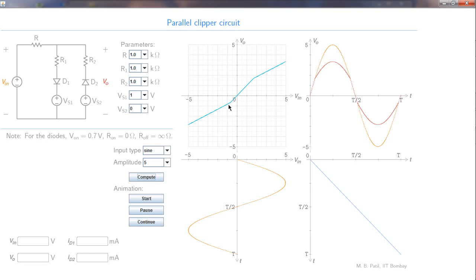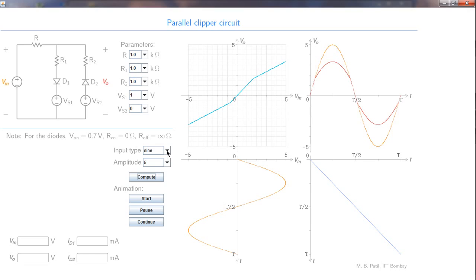Between these two breakpoints, we have a straight line with a slope equal to 1 and passing through the origin as we would expect. Where is this breakpoint? This is 1 volts, this is 2 volts, and this is 1.7 volts as we had computed. What about the second breakpoint? This is 0, this is -1, and the second breakpoint is at -0.7 volts.